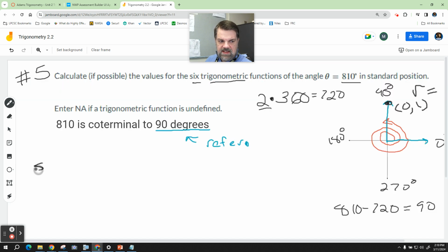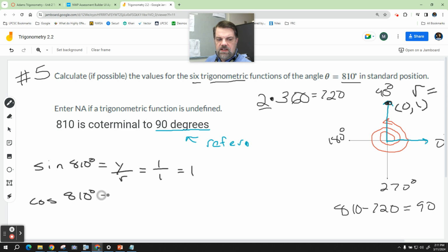You're just going to say sine of 810 degrees is equal to y over r, but the y value is 1 over r, which is 1, which is just 1. Cosine of 810 degrees, and you could check this on a calculator too, is x over r, which is 0 over 1, which is just 0.